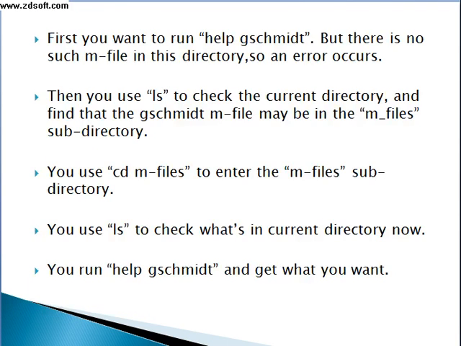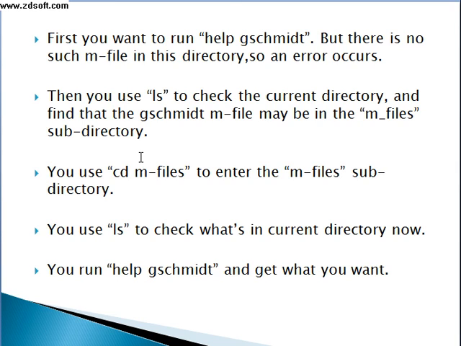Now first you want to run help gsg that I did. But there is no such M file in this directory, so the error occurs. For that you have to use the command ls to check the current directory and find that this file, that is gs M file, may be in the M files subdirectory.